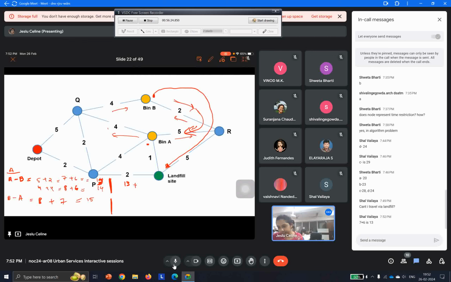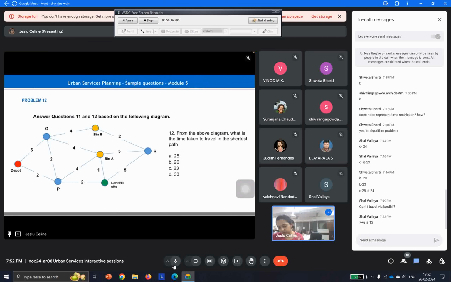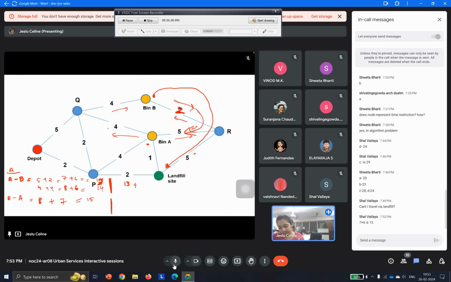I'm taking 13, plus you'll have to take this route, 2 plus 5. That's the shortest route compared to all the other routes. So 13 plus 5 plus 2, what is that? 20. Correct. So that's already 20. Then if you want to go back to the depot, that becomes plus 4, which is 24.